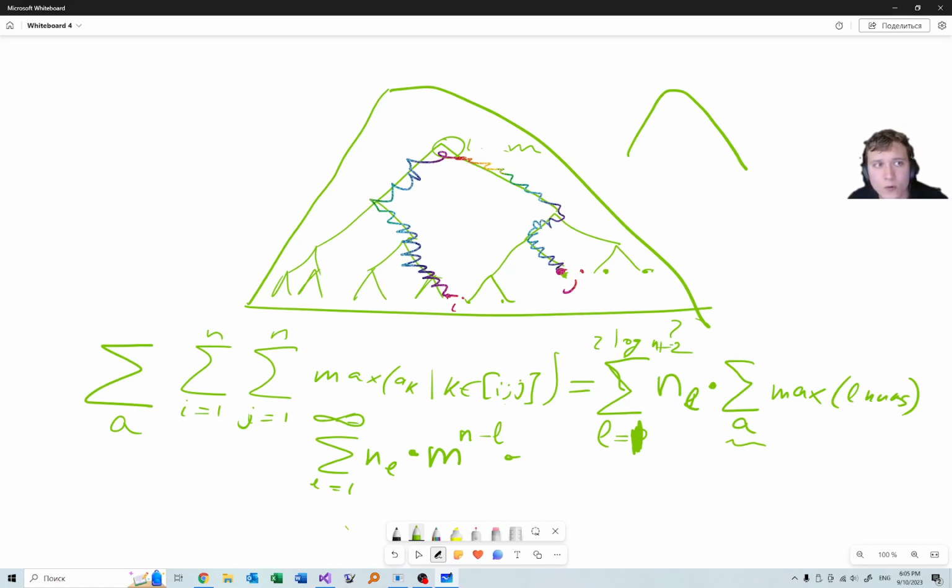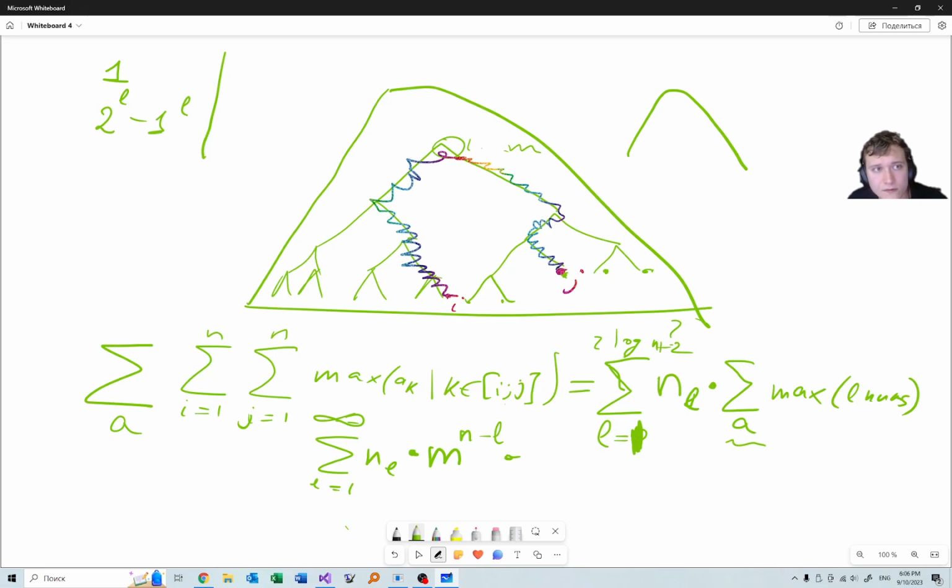We have one way to make the maximum 1, then 2 to the L minus 1 to the L to make it 2, 3 to the L minus 2 to the L to make it 3, etc., and m to the L minus (m minus 1) to the L to make it m.